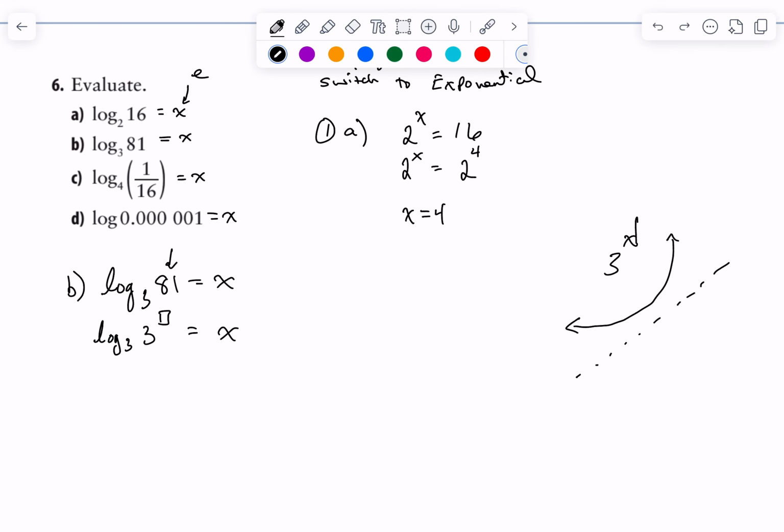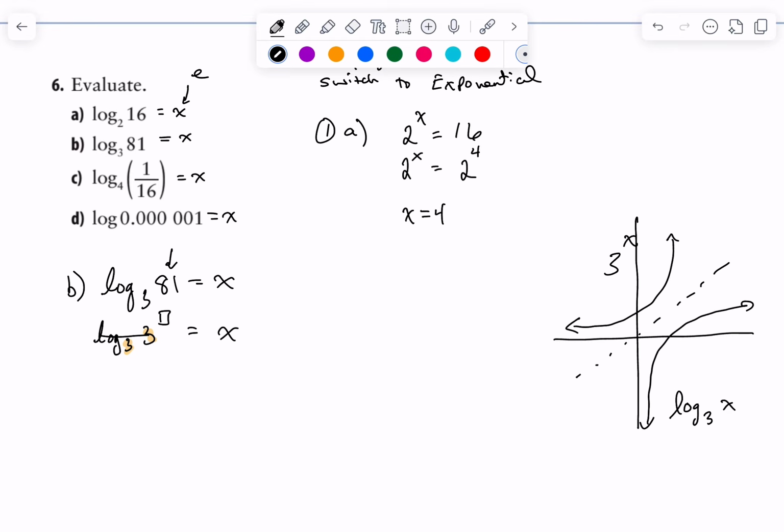This is a very rough sketch, but the inverse is reflected in the line y equals x. So it's going to be something like this: this is log base 3 of x, and they're inverses of one another. So anytime I can make these bases match, I can just drop them out because they're inverses.